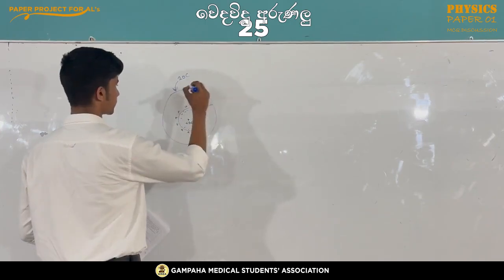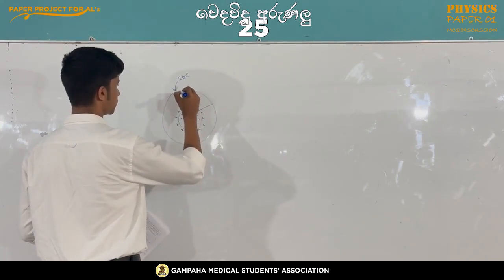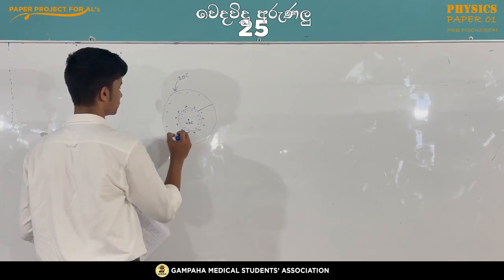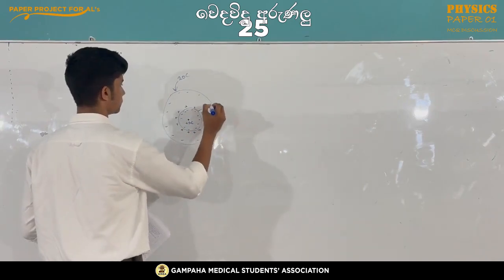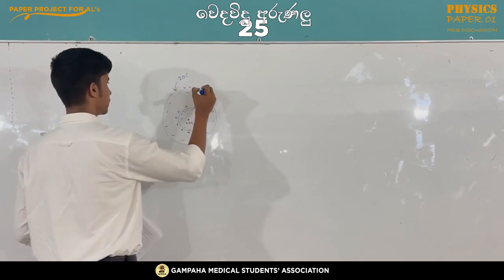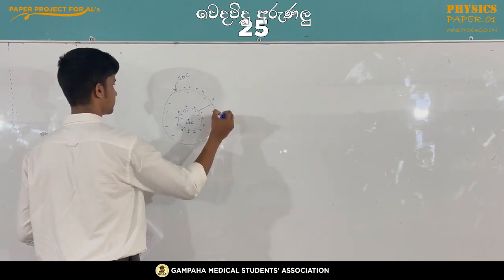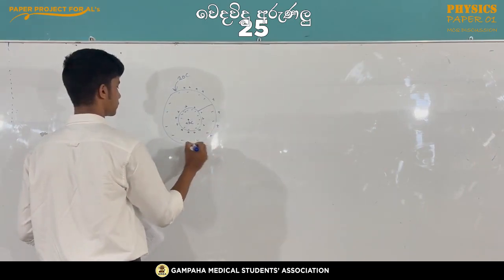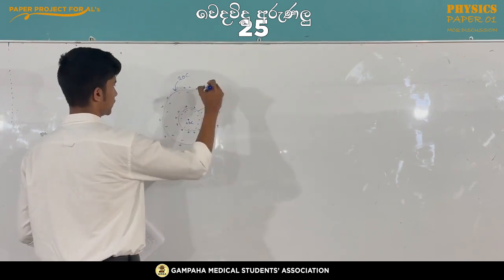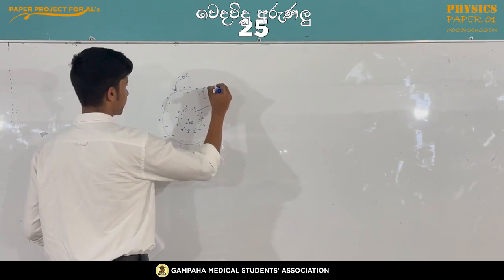And due to this, there will be an induced charge on the inner side and then finally another induced charge on the outer side, which is equal to plus 5 coulombs.